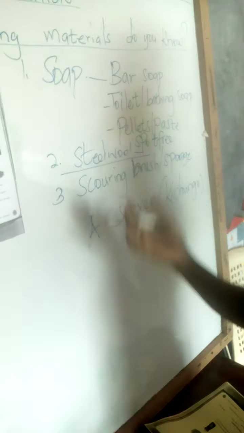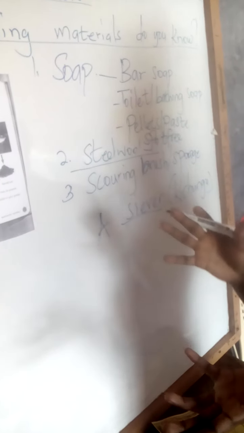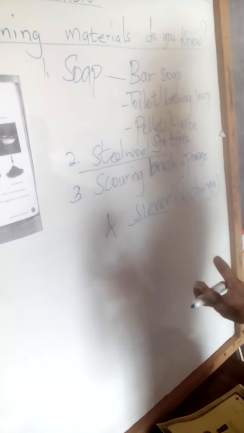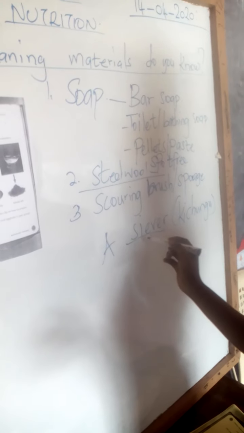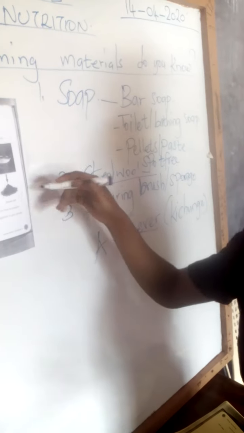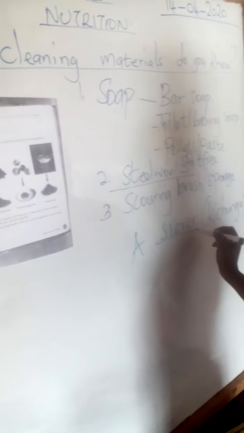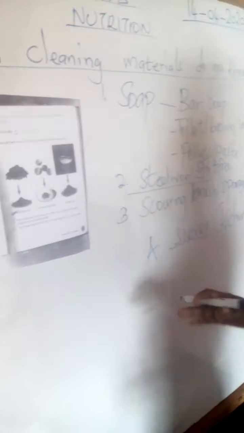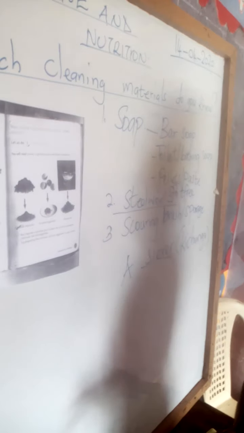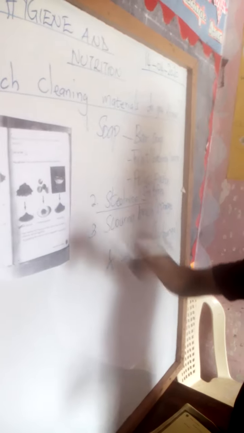This sieve, we are going to sieve the ash, and we know that when we sieve the ash, it is the finer particles that will be able to pass through the sieve, and that is what we are going to collect. After we have collected it, because it is stubborn, it is going to remove that. We really want to wash our utensils, and we don't want by the end of washing you leave the utensils still dirty, so you're going to use something that is not mild.